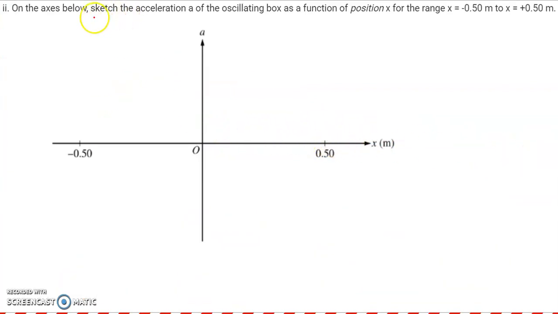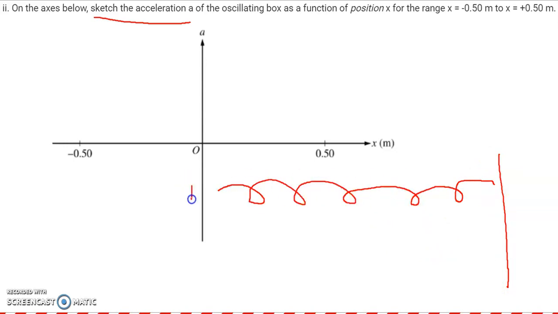And now we are sketching the acceleration. So let me redraw our three scenarios here. So again, here's our wall, here's our spring, here's our box, and this is when it first hits the spring.